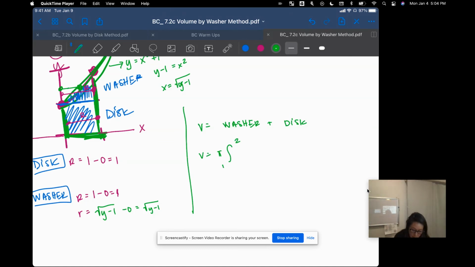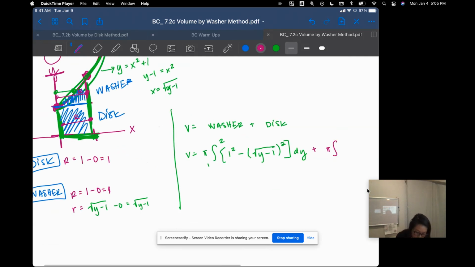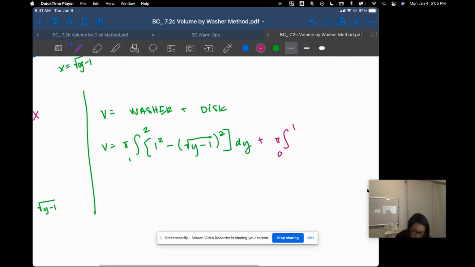And I get the big R is 1 squared minus the inside, which is the square root of y minus 1 squared, okay, dy. And then we're going to add the disk. The disk is being integrated from y is equal to 0 to y is equal to 1. 0 to 1. The radius is 1 dy.